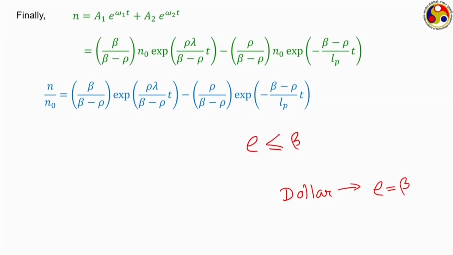That is, dollar corresponds to that value of reactivity when rho becomes equal to beta. This is not an absolute unit, because for different isotopes beta has different numbers. It is 0.0065 for uranium-235, but can be anything else for uranium-233 or maybe Pu-239, and hence the definition of dollar keeps on varying.